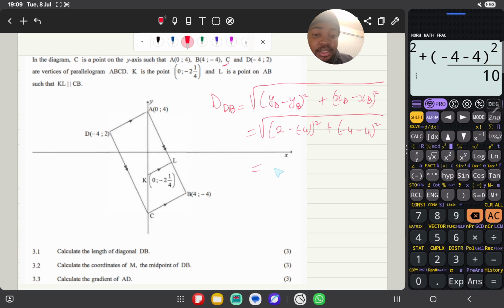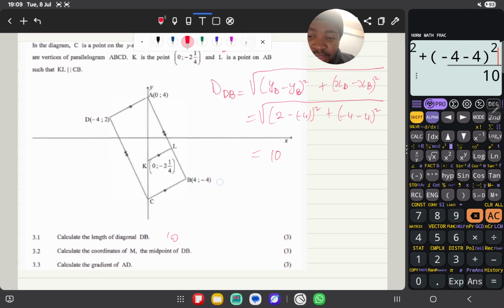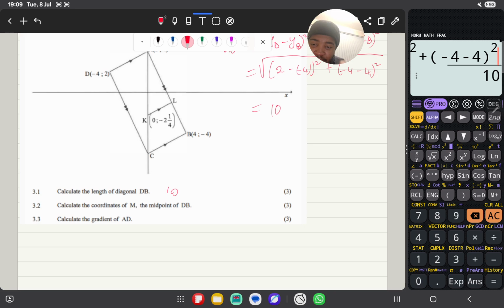And the distance is the square root of... let me see, it's 64 and then 36. Yeah, it makes sense. 100. So the distance here is 10, right? They didn't say the units, so we'll just leave it.